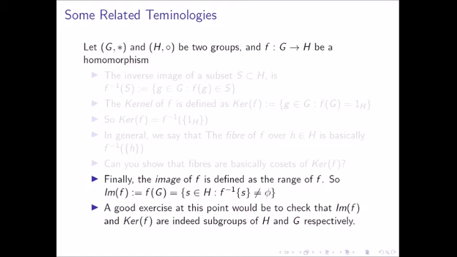Its range is called the image. So it's defined as Im f, the notation for image, which is equal to all s in capital H such that f inverse of that set is not empty, or there is some g such that f of g is equal to s.